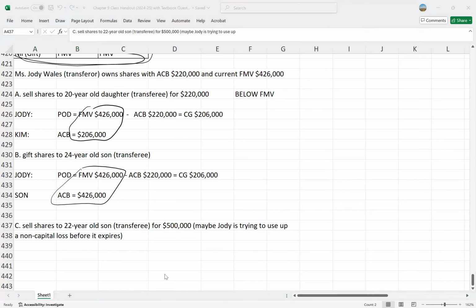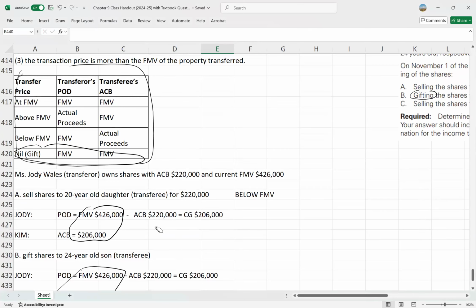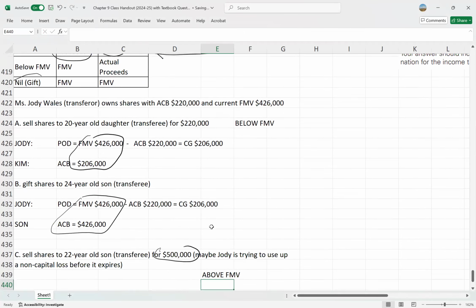What about 4C? She's going to sell the shares to another son, but for a higher amount, above fair market value. So let's look at the above fair market value row. Jody will use actual proceeds, but the son will only get fair market value as his adjusted cost base.